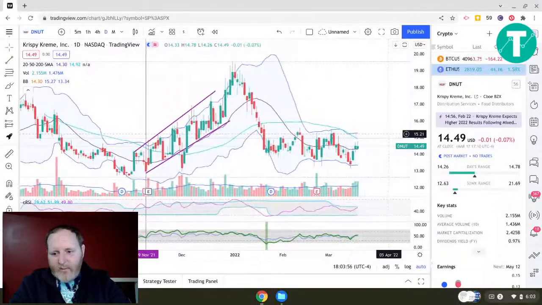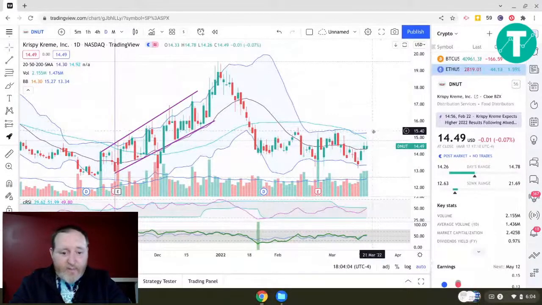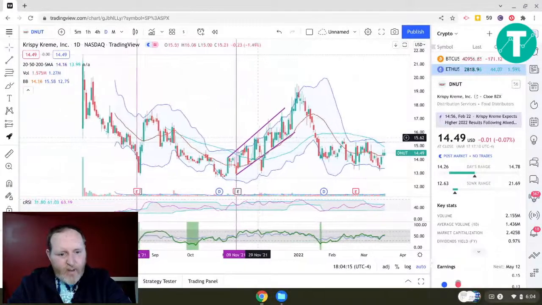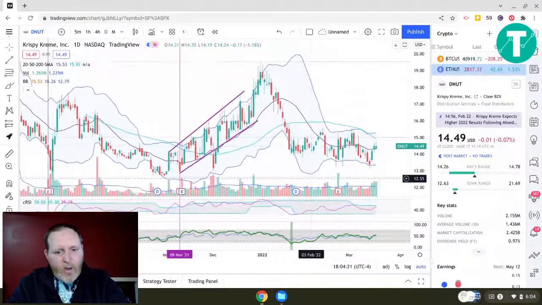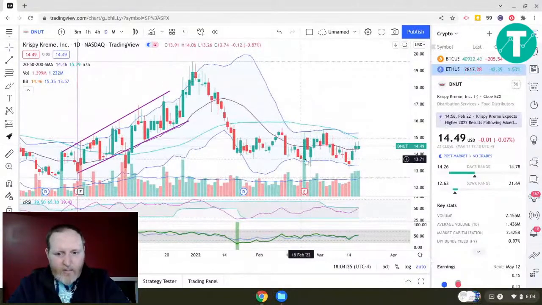Yeah, the valuation for Krispy Kreme being at $2.4 billion here, I think is okay for it. You can see though, since going public, the stock hasn't been able to find footing yet. It hasn't really built up a base yet either, although I think that base is kind of being built right now.